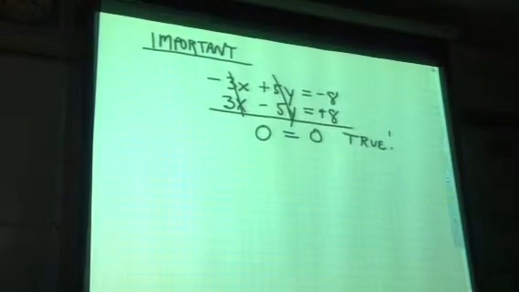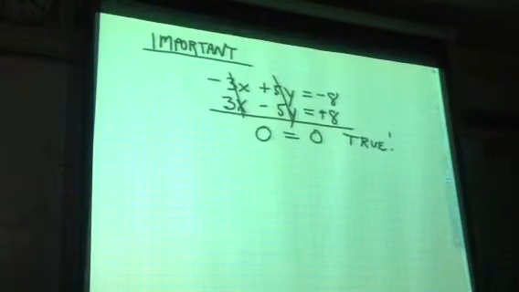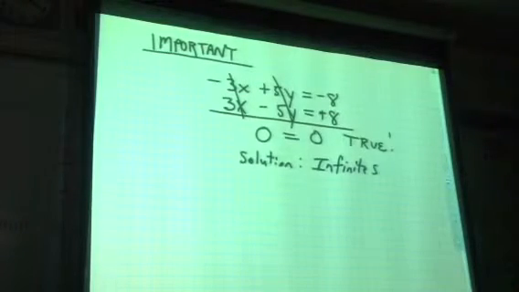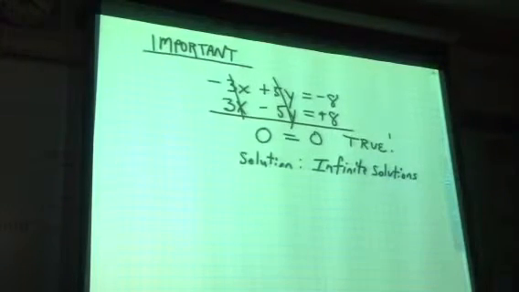When both variables cancel out, you're going to end up with a statement that's either true or false. Since 0 equals 0 is a true statement, the solution is infinite solutions. Because every point will work.